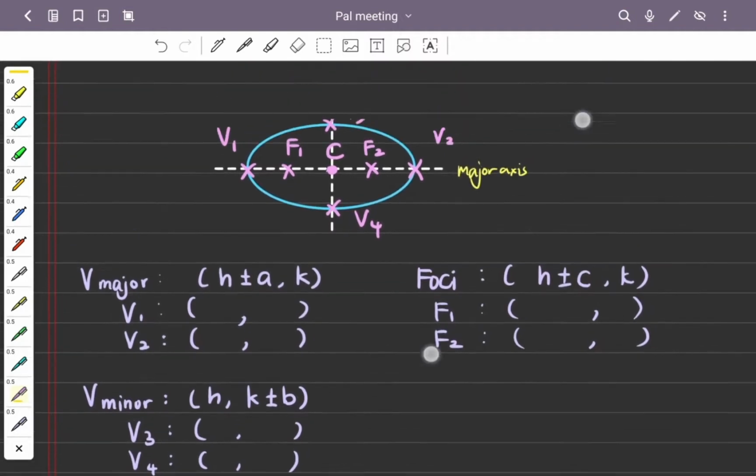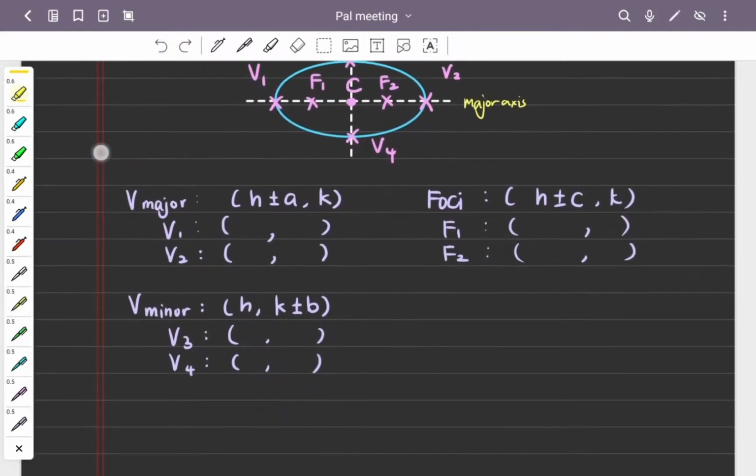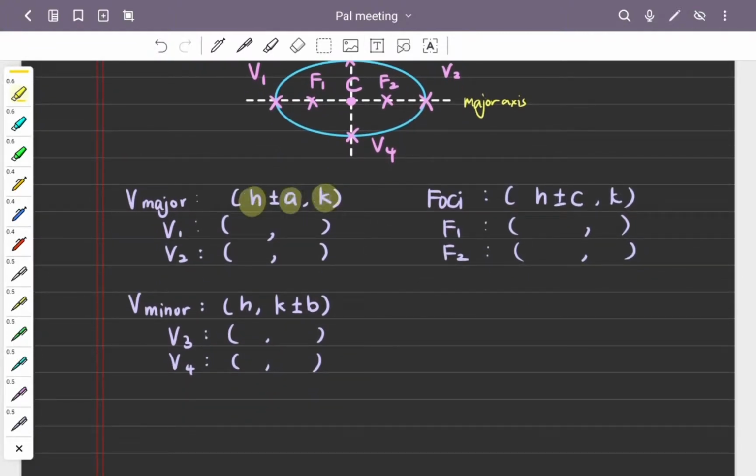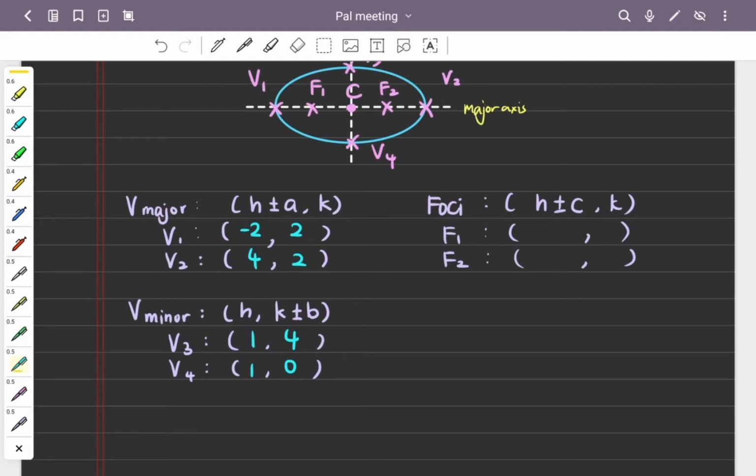You already have the values of H, K, A. What you need to do is just substitute, and this is what you will get. For the foci, one important thing is that for plus minus C, you don't need to change it into decimal. We know C equals square root of 5, so when you substitute, you can just leave it in this form.